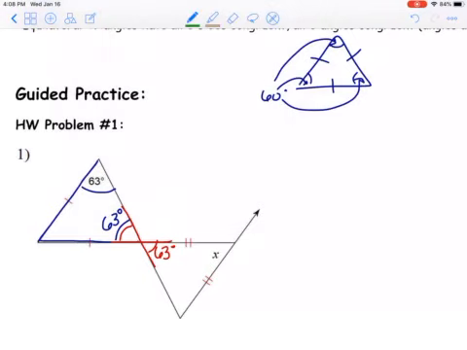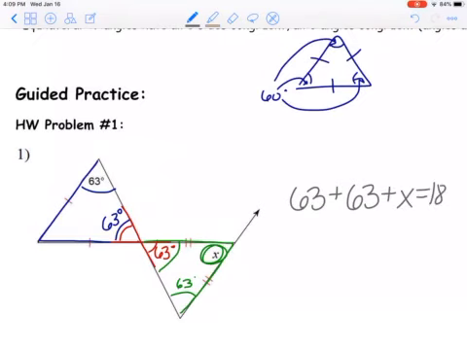Okay, next up we have another isosceles triangle, so those two sides mean these are congruent. And now that we have 2 out of 3 angles here, we're going to add them all up. So 63 plus 63 plus x equals that 180.